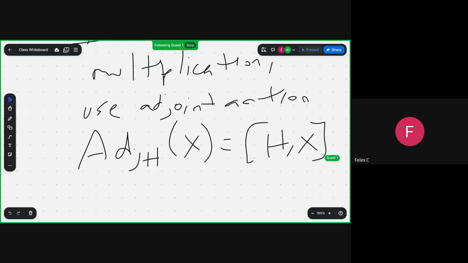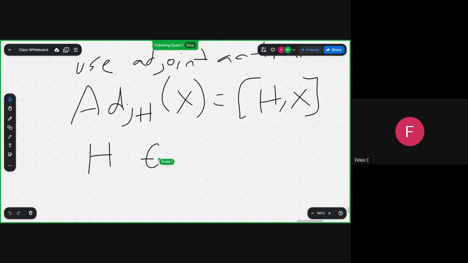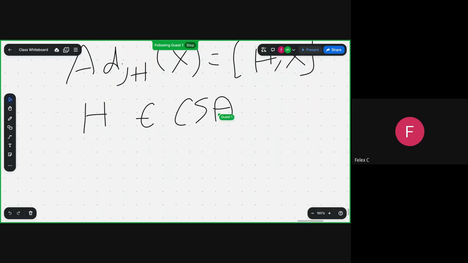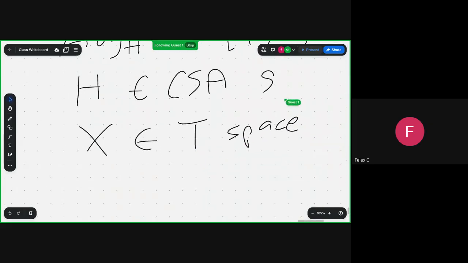The adjoint action is just a commutator. Okay, H is an element of the Cartan subalgebra S, and X is a vector in the Lie algebra T vector space. It is in the T space, in the Lie algebra T, which is also a vector space.